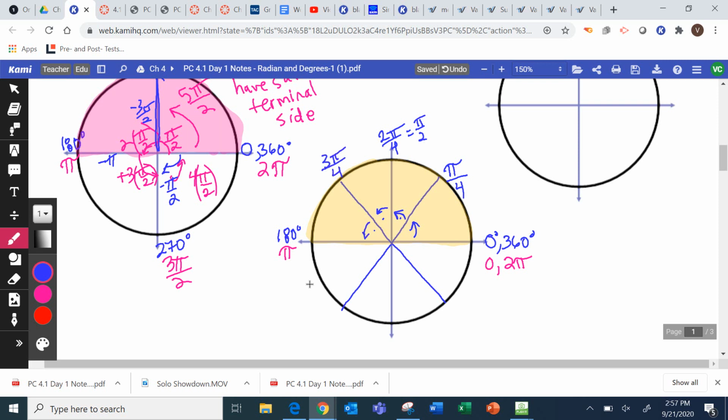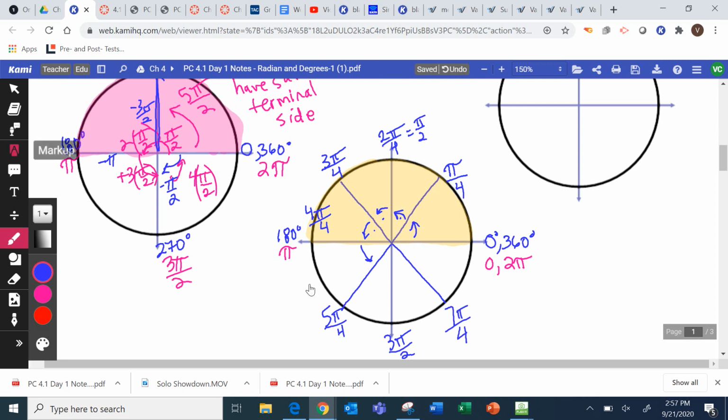And then we've got 4 pi over 4. But I have already named this side pi because 4 pi over 4 is pi. Then we've got 5 pi over 4. And then this one's already named 3 pi over 2, which would be 6 pi over 4, 7 pi over 4, 8 pi over 4, and we could keep going.